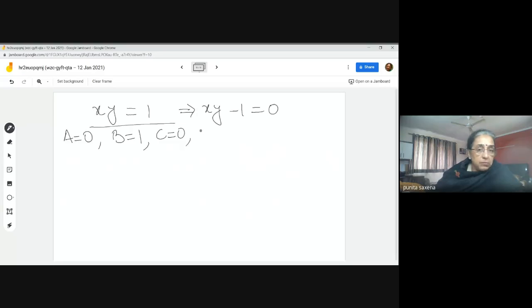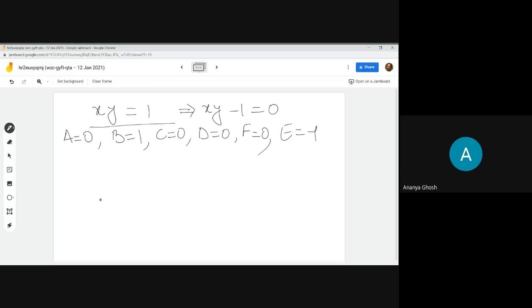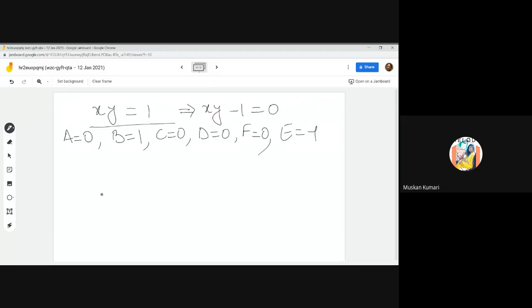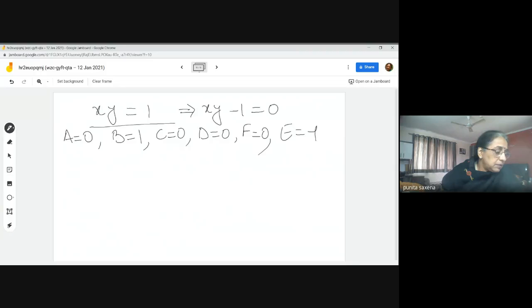C is 0, because there is no y square. Then there is no x, that is why D is also 0. There is no y, so E is also 0. But you have a constant term, so your F is minus 1. Yes, it was E y.